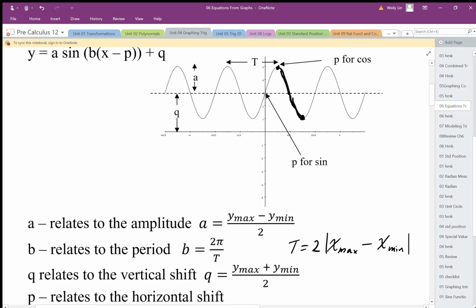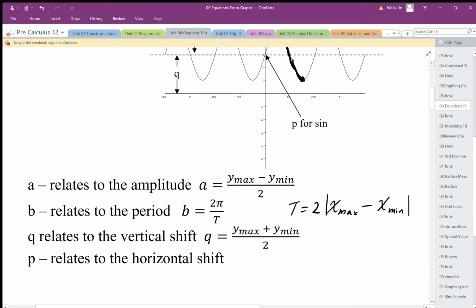Our Q value relates to our vertical shift. When we find the amplitude, we want a length, so we subtract. Q value is a position, so we add those y coordinates together and divide by 2, which gives us the average between the high point and low point, which gives us the middle point.